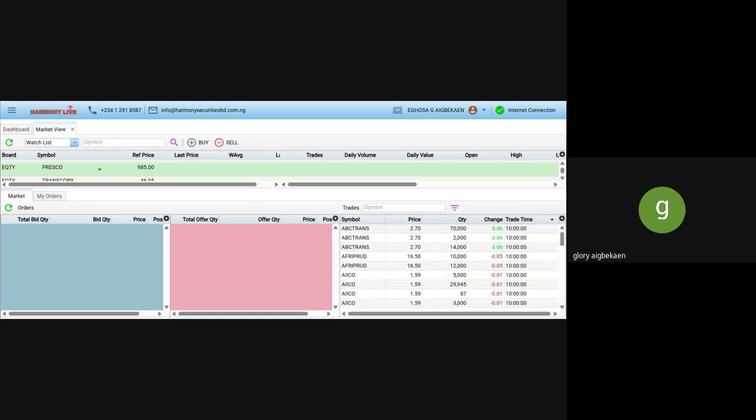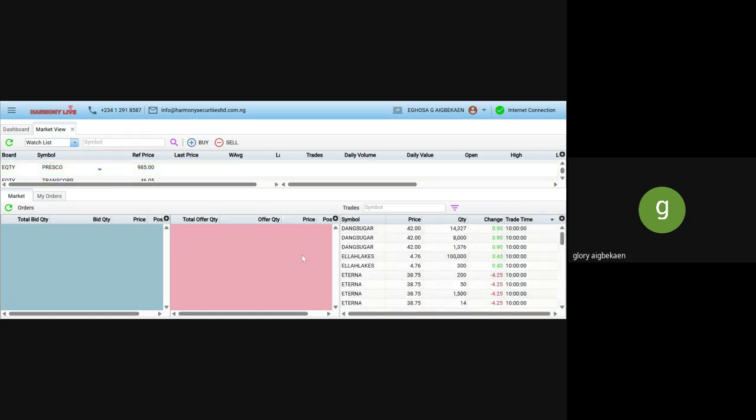The market just opened, so you can see the trades dropping there. Fidelity has gone down by 1 naira 25 kobo. Access Bank has gone down by 2 naira 20 kobo. What is happening?